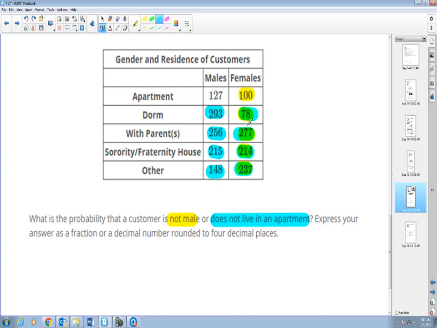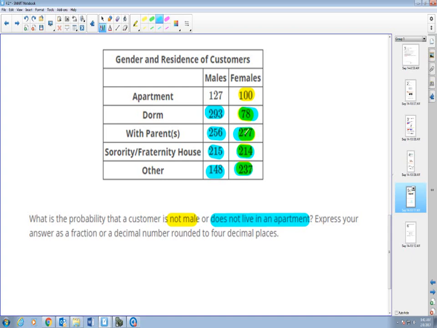Not living in an apartment is what? Dorm, parents, sorority, house, or others. So I have to highlight all the ones that are not living in an apartment. I will end up counting these guys two times if I'm not careful.